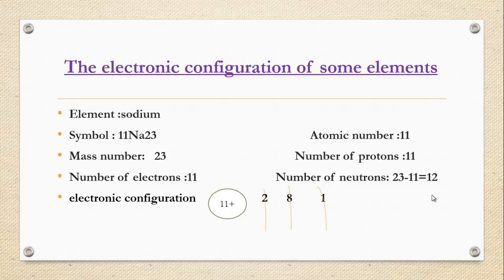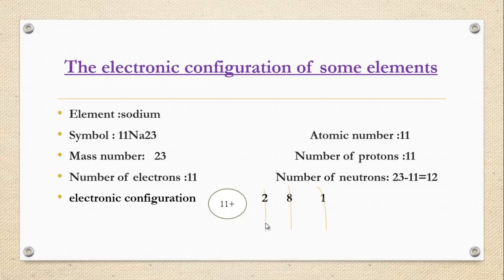Okay? How to configure 11 electrons? At first, draw the nucleus and write inside it positive 11. What's meant by positive 11? Excellent, 11 protons. Okay? How to configure 11 electrons?